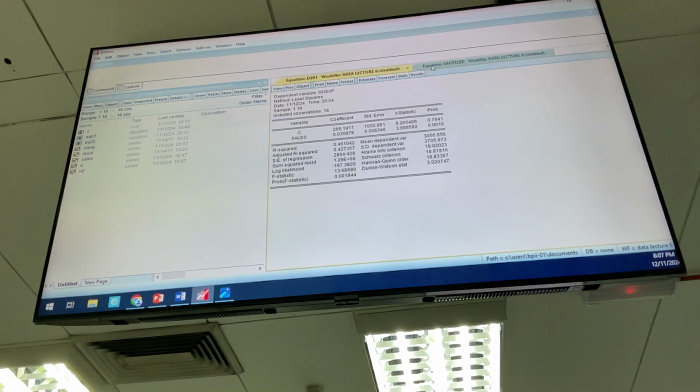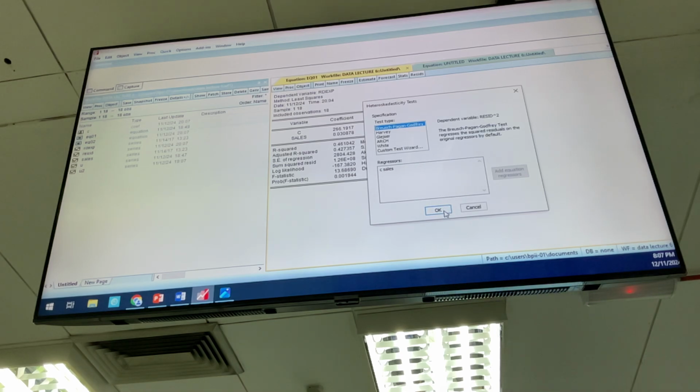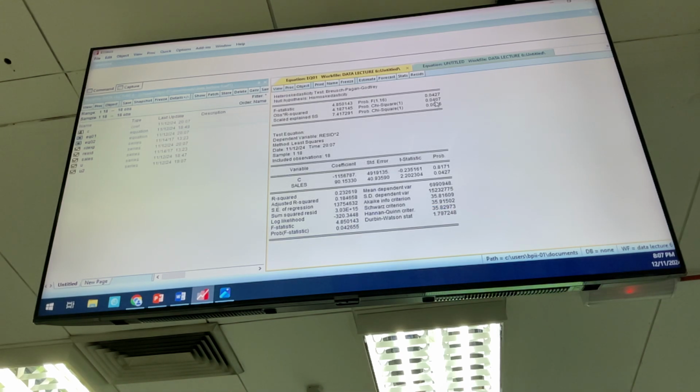Okay. So previously, when we performed the original equation, it failed the Breusch-Pagan-Godfrey test. Just recall that previously when we performed the test, it failed because the p-value was 0.04.